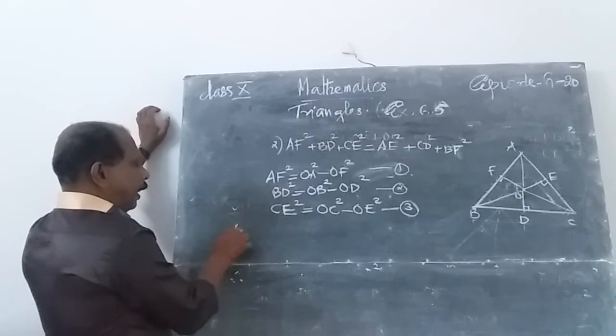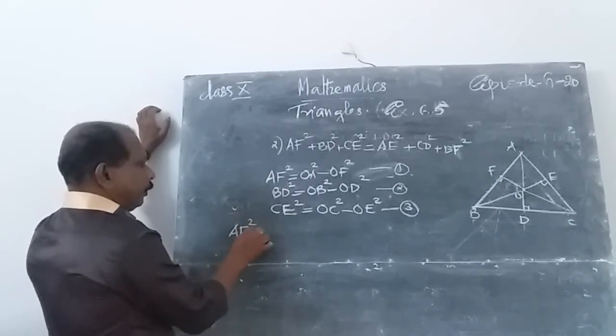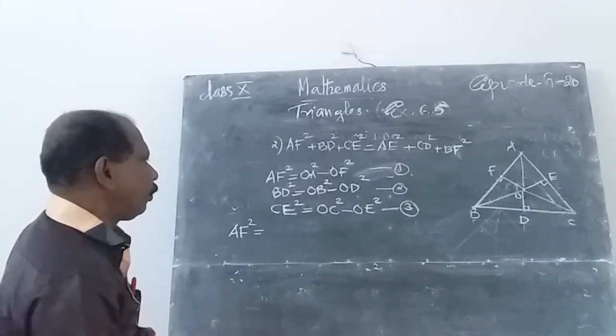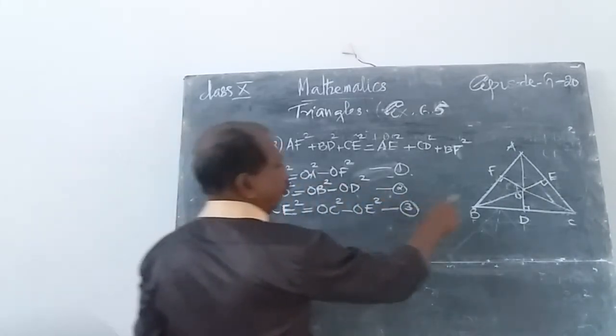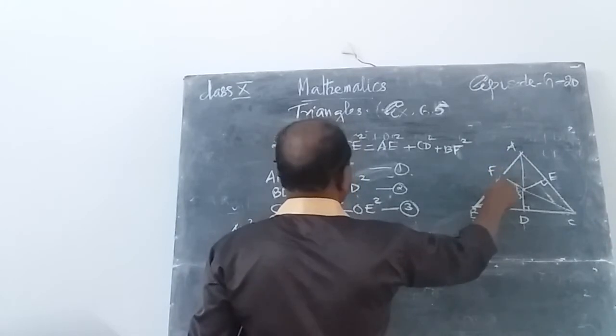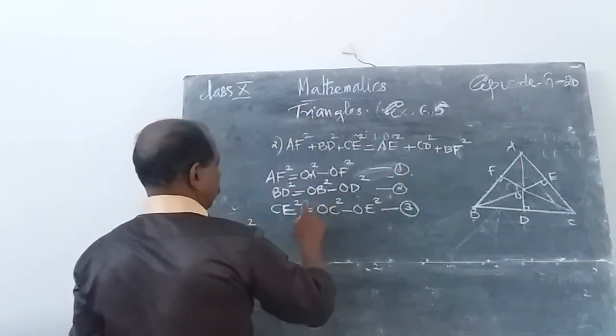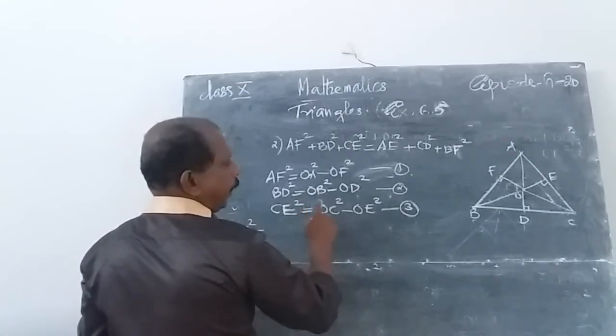AF square is equal to OA square minus OF square, or AE.